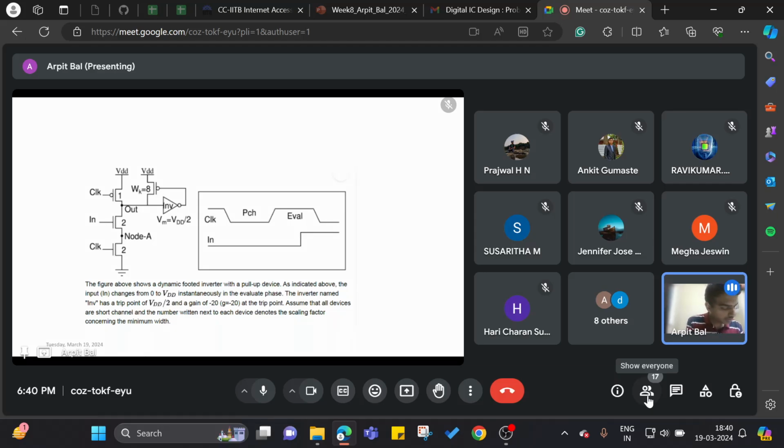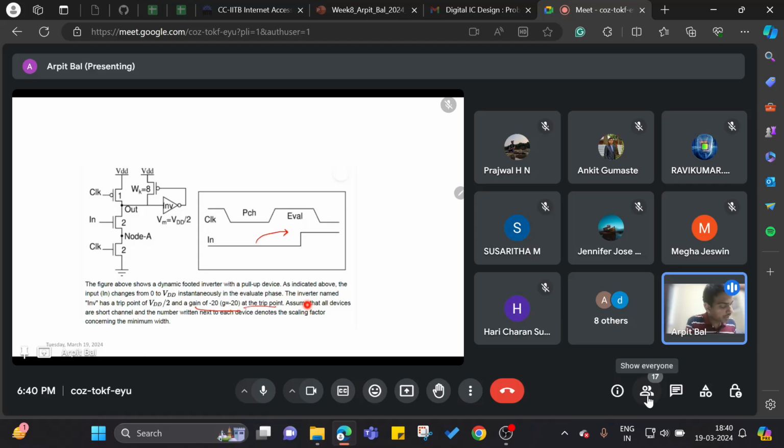So in this question, we are given a figure, and it shows a dynamic footed inverter with a pull-up device. The input changes from 0 to VDD, and a gain of -20 at the trip point.